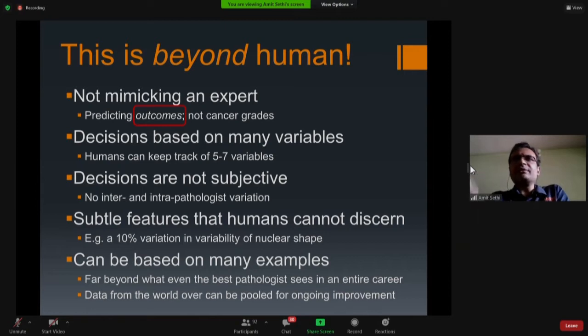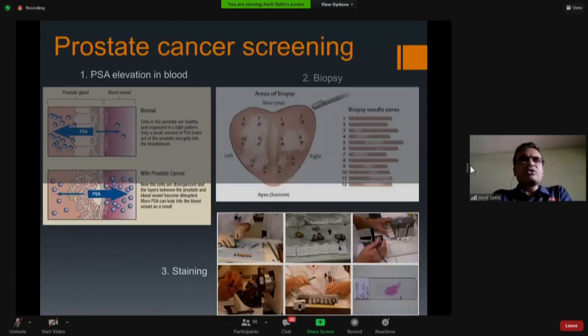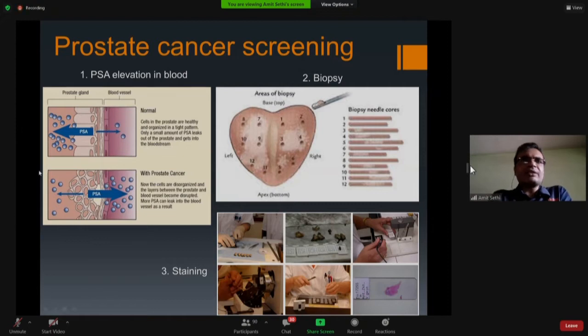In the sense that machine learning works only when you pose very specific problems. If the problem is a little more general, then the machine doesn't do very well. So basically, what happens in prostate cancer screening is that when the cells lose their structure and they stop forming glands, then usually the cancer forms.